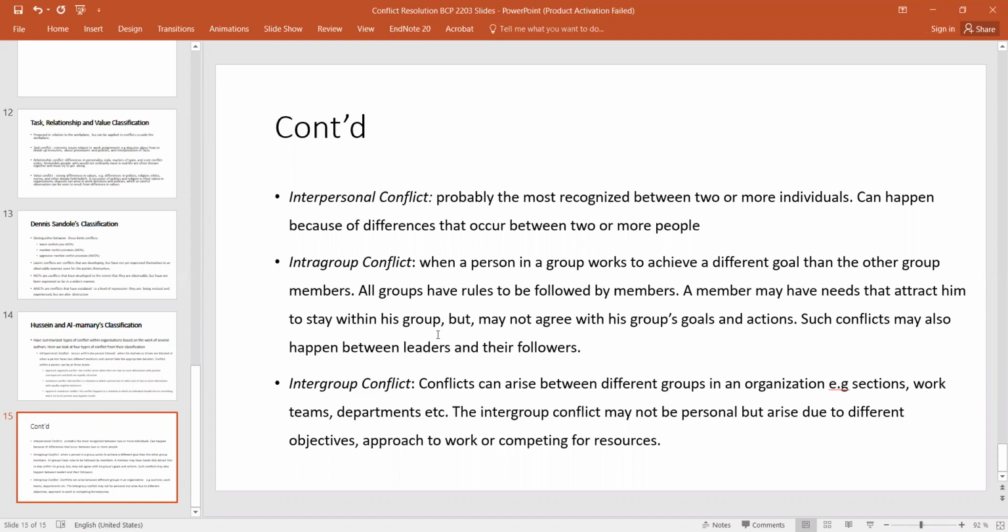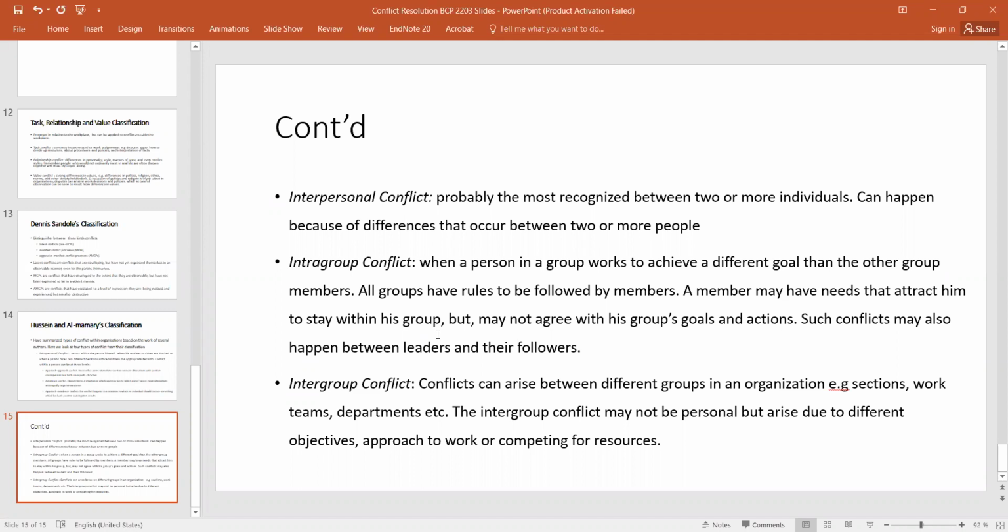People might want to be in a certain group because it meets their needs. Yes, we want to be university lecturers. It is very prestigious, you know. But at the same time, there might be things within this group that you don't agree with. You want the group, but there are certain things within this group that you do not agree with.